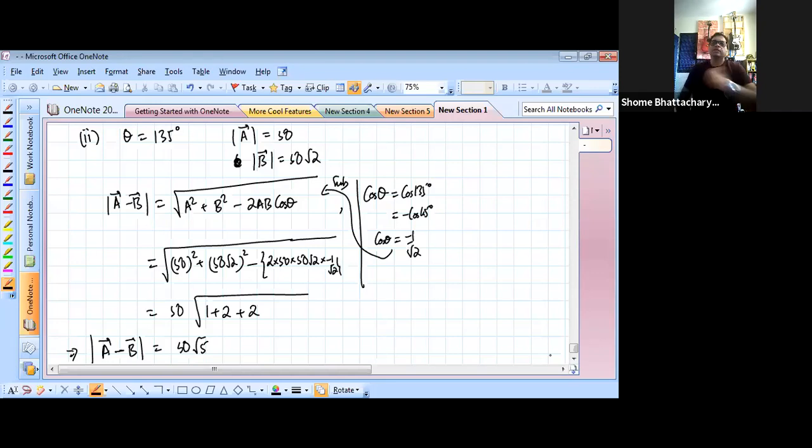Okay, so when I make the vector triangle, it will make more sense to you why it is 50 root 5 in the second place.